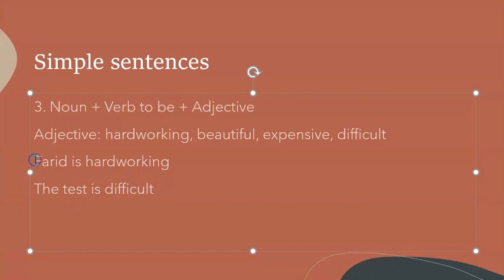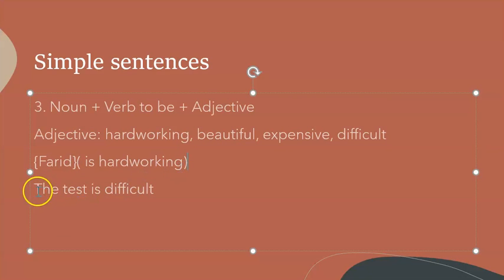Now let's look. You start with a noun, which means there's a subject, and then you have a predicate. What describes the noun? It describes more about Farid. It describes more about the subject. So what is Farid? Farid is hardworking. So it describes more about Farid. Farid is hardworking, this is the predicate.